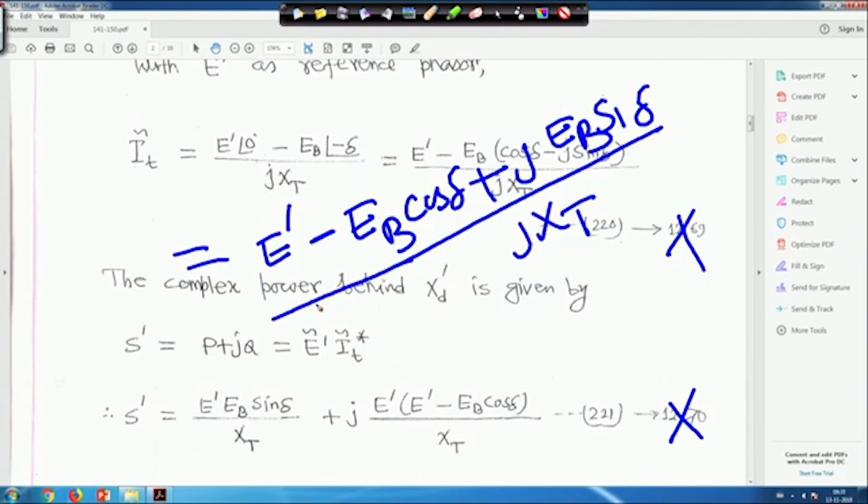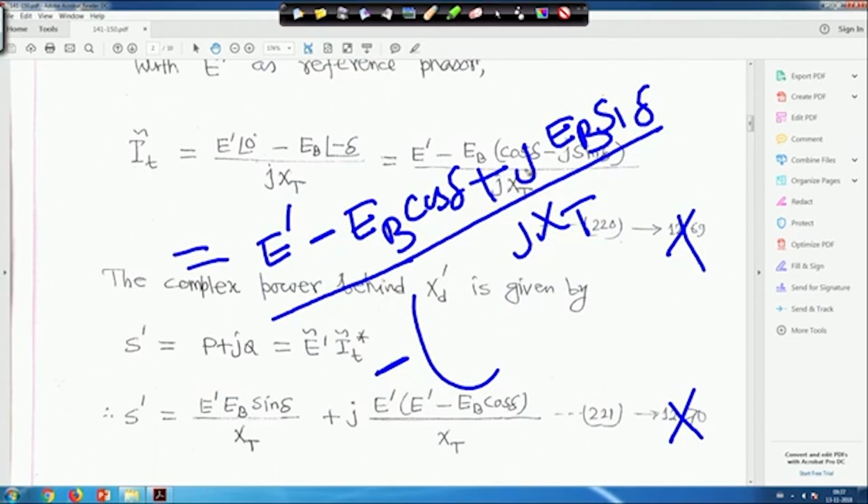Now, in this case, this is my I_t tilde is equal to this. Now the question is that numerator and denominator you multiply by j, and simplify. If you multiply numerator and denominator by j, it will be something like this: minus, because denominator j square will be minus 1, and multiply this one by j.